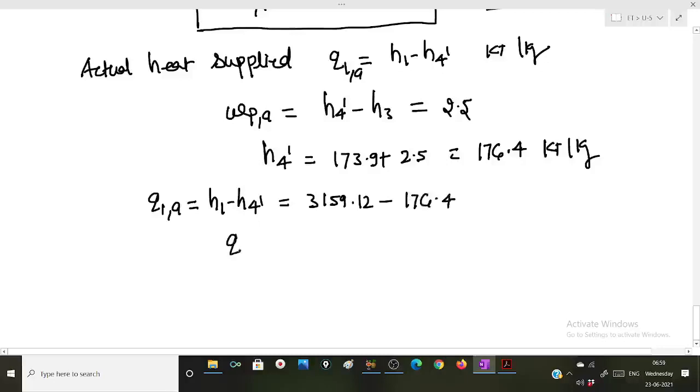So from here actual heat supplied during the actual Rankine cycle is something like 2982.3 kilojoule per kg.